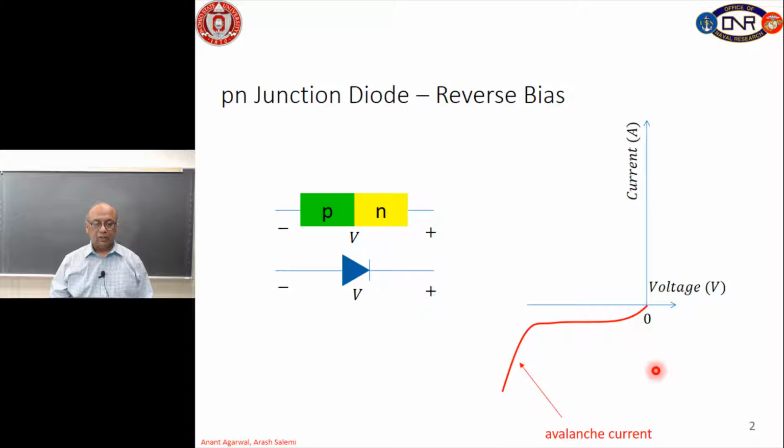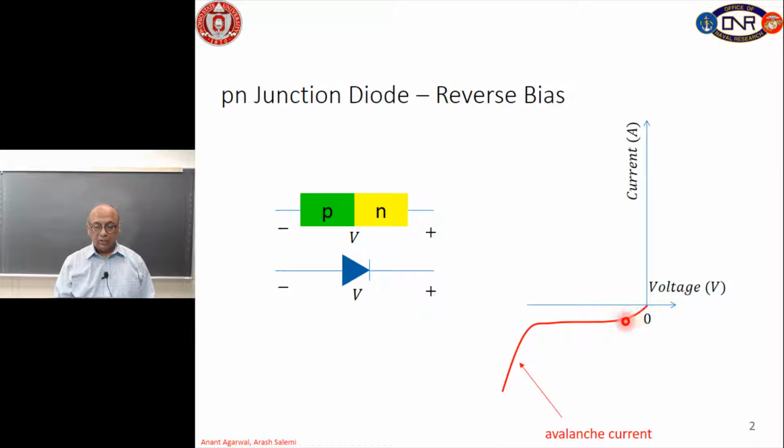One was the diffusion current, which we had called I0, and then there was a leakage current component, which is due to the thermal generation of electron hole pairs in the depleted space charge region, also called SCR.